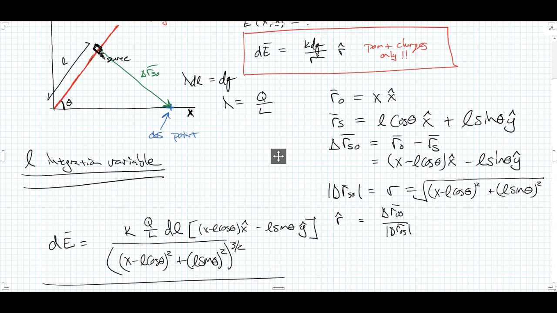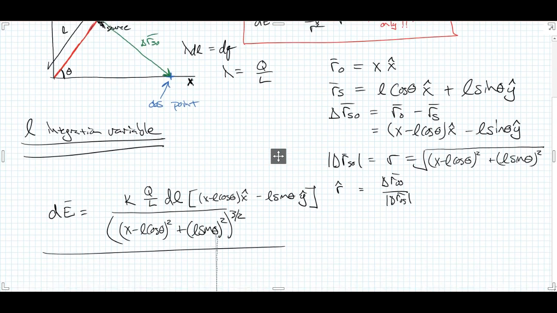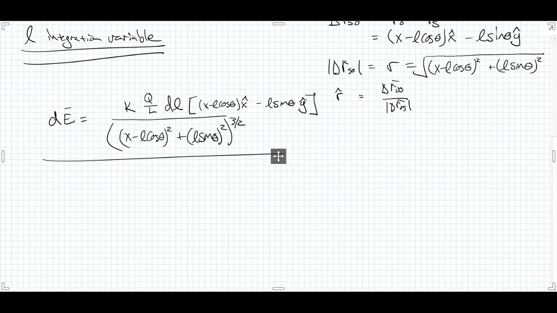All right, so I need to get my integral set up with the correct integration limits. So the total field, or the net field at that point, and this will only be true for y equal to 0, because I've assumed that when I wrote down my position vectors, is the integral of all of this stuff.